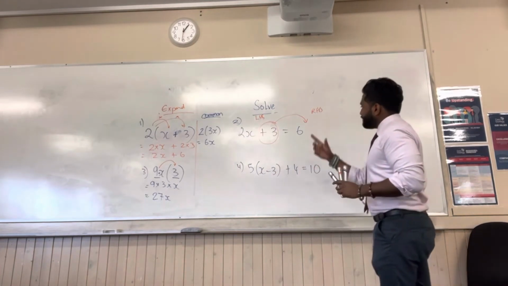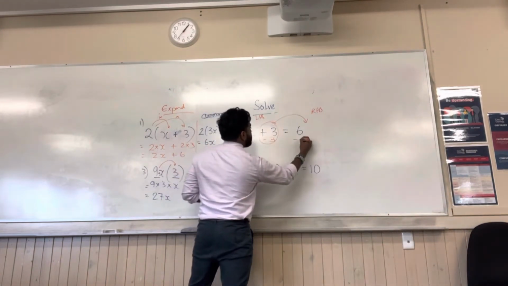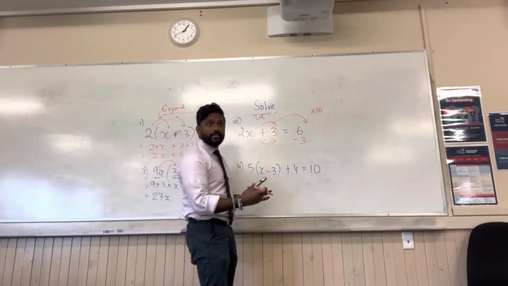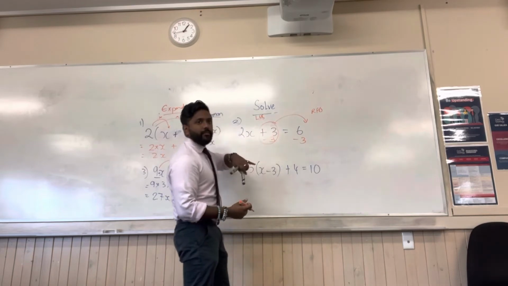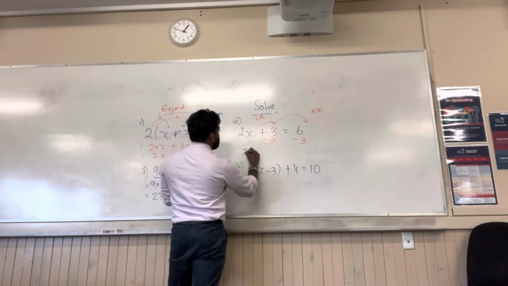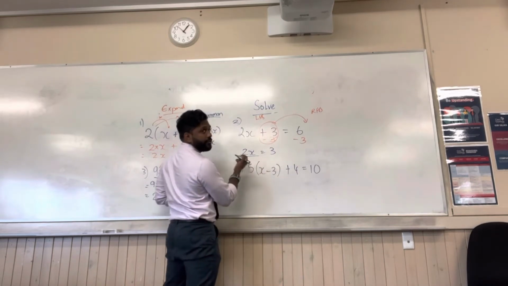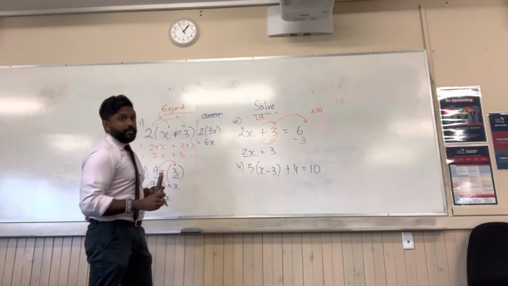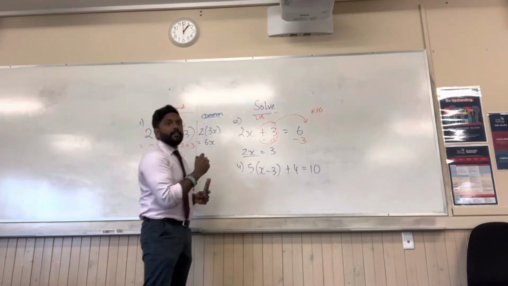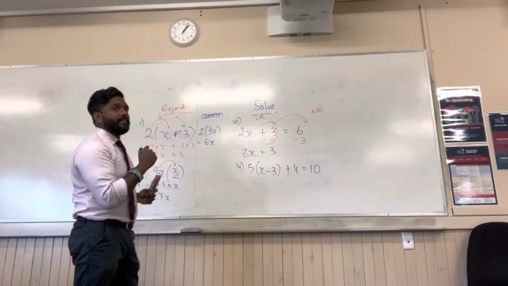So here, you're going to get rid of that minus 3. Then on this side, it's minus 3, minus 3. The way you get rid of it is you've got to do the opposite. 3 take away 3, what's that? 0. That cancels out. What are you left with now? You're left with 2x is equal to 3. How do you get rid of the 2? What's the 2 doing to the x?